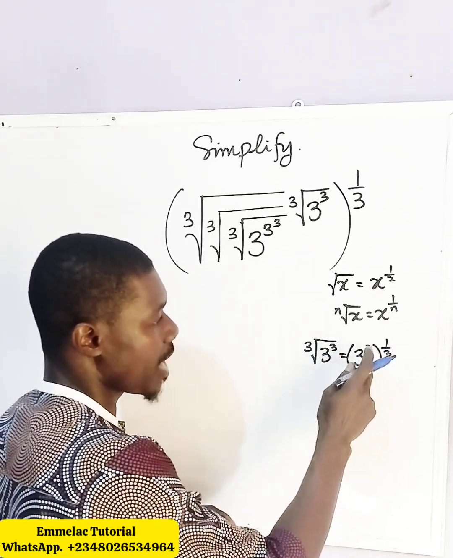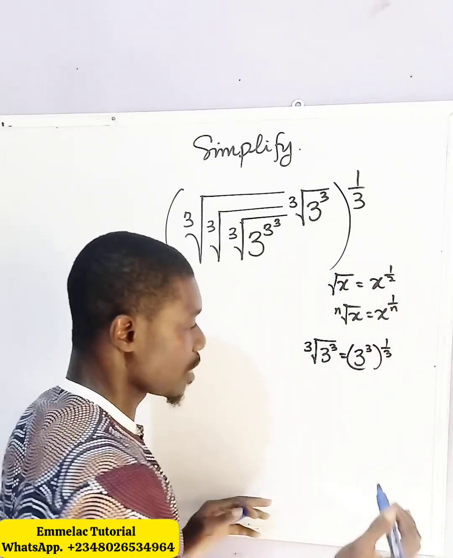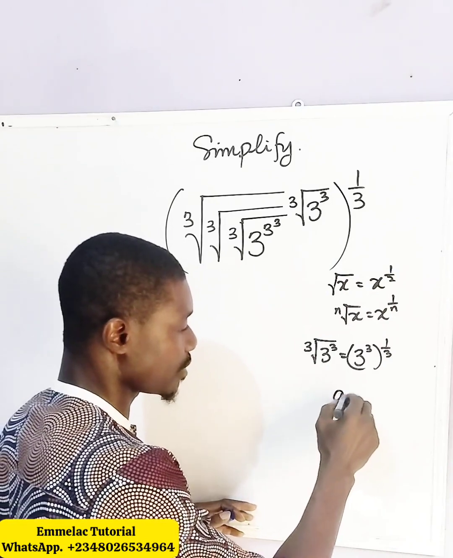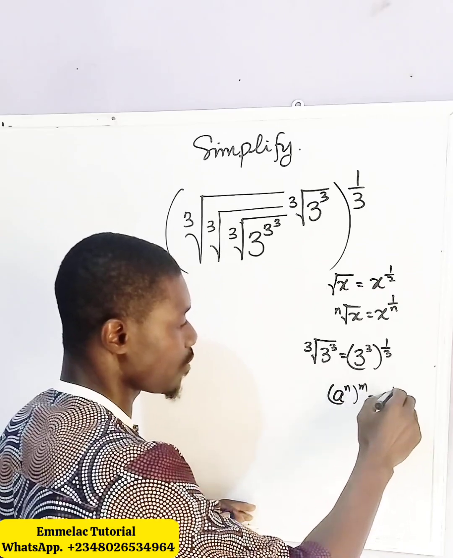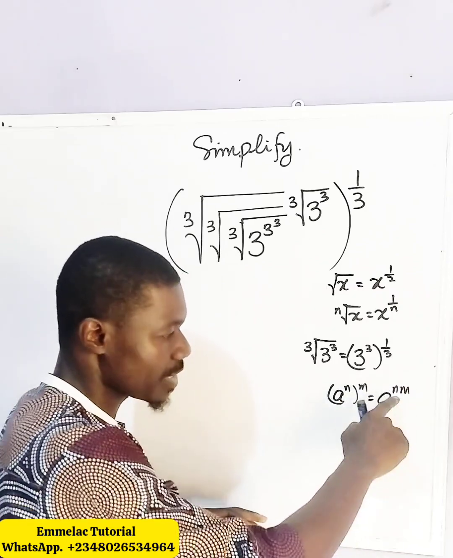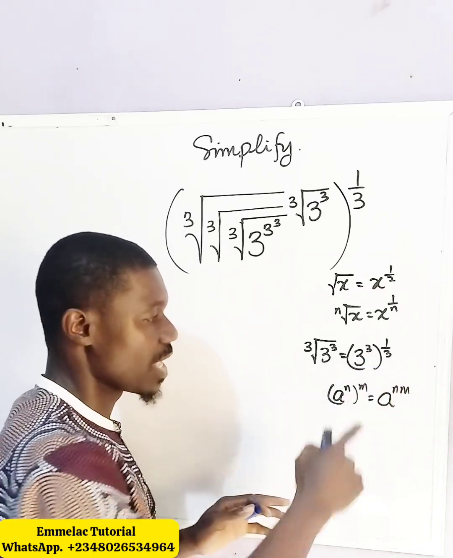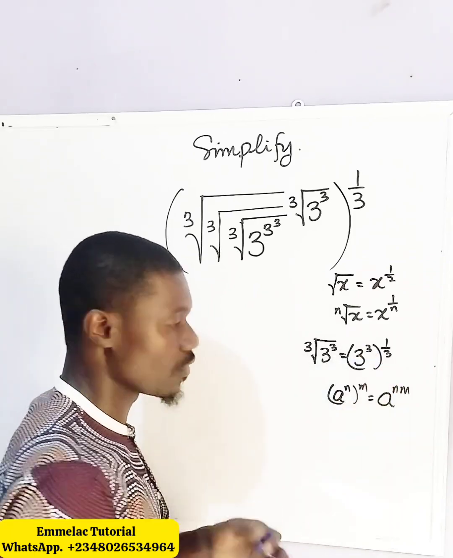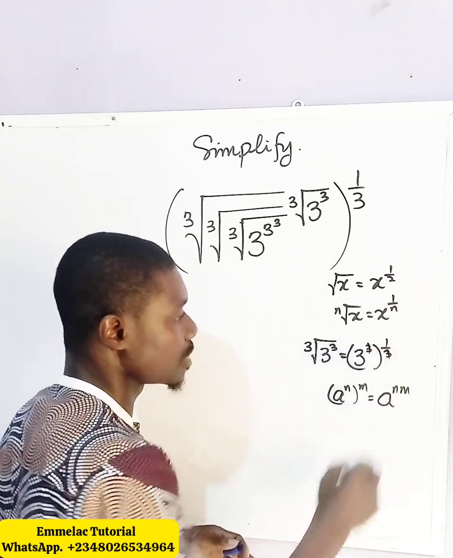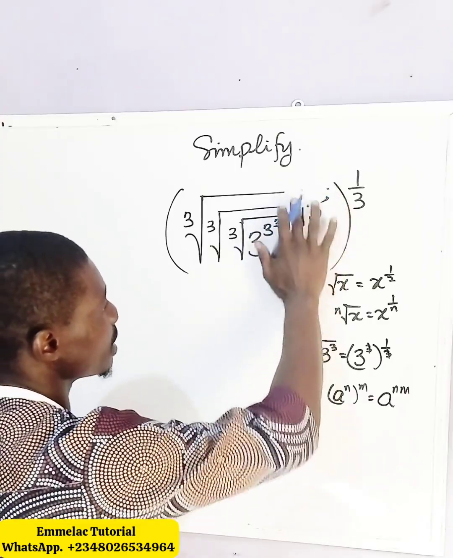And by the rule of exponents that says a raised to the power of m, all raised to the power of n, gives a raised to the power of mn, the two exponents here will multiply. These two exponents here will also multiply. 3 multiplied by its reciprocal gives us 1, so we cancel and are left with 1. So the whole of this here is now 3.